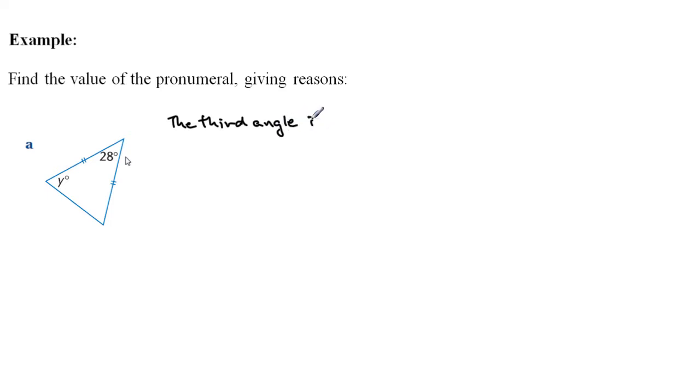is also y degrees, and the reason we put here is that the base angles of an isosceles triangle are equal.